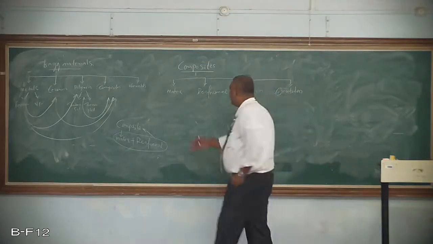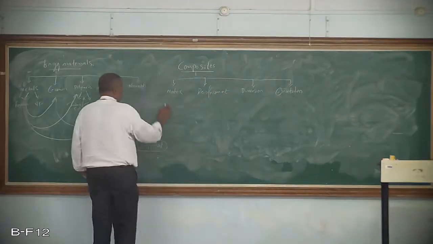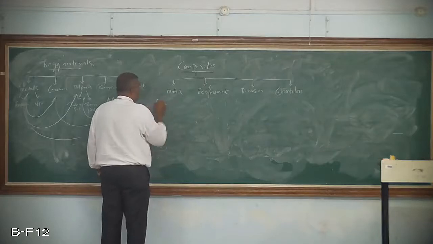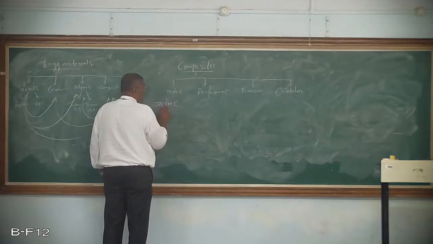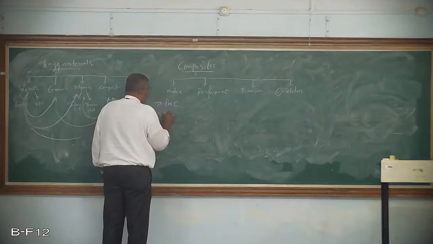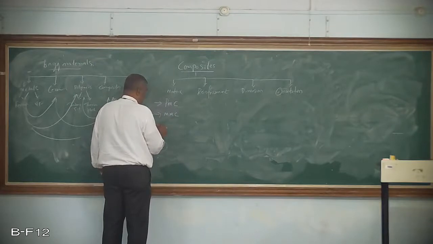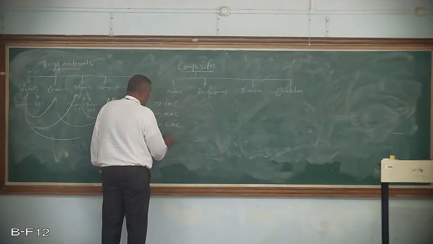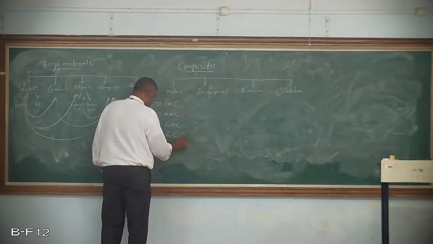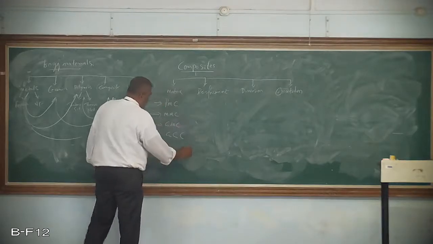Now let us see what matrix and reinforcement are. The types of matrix are PMC, that is polymer matrix composite; MMC, that is metal matrix composite; ceramic matrix composite; then carbon-carbon composite; and the last one is inter-matrix composite.